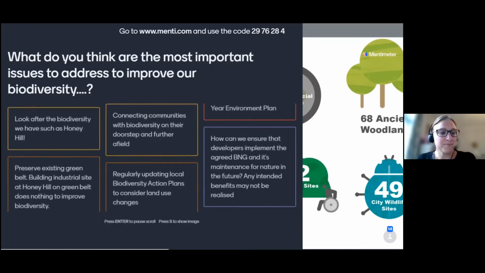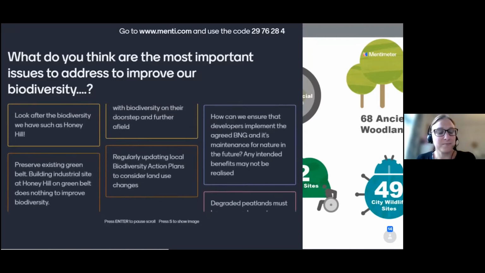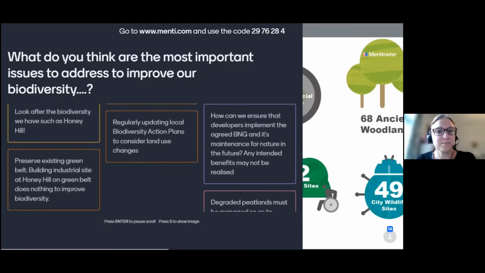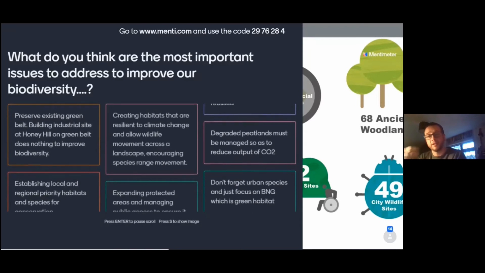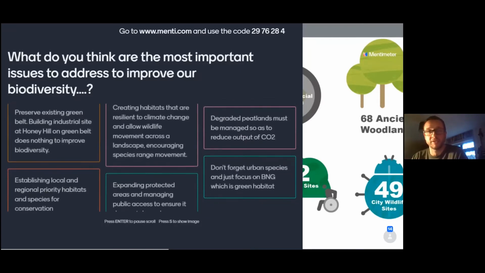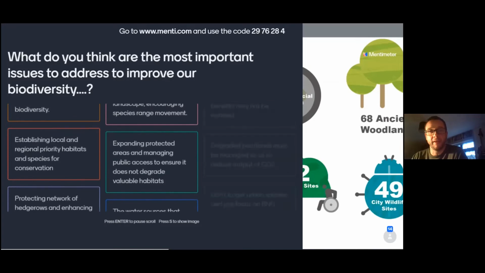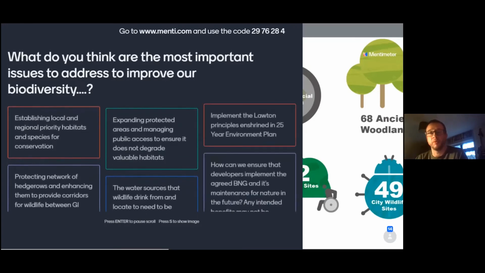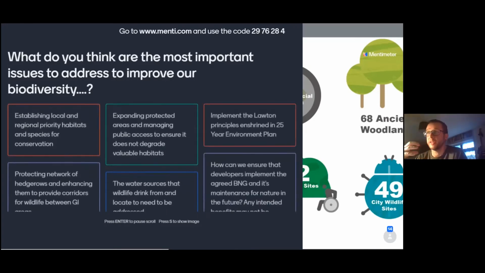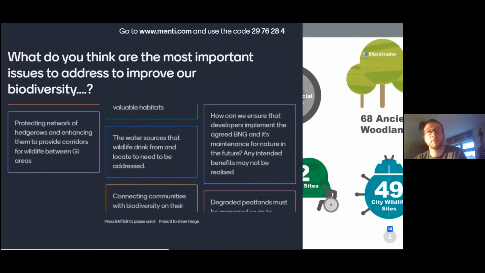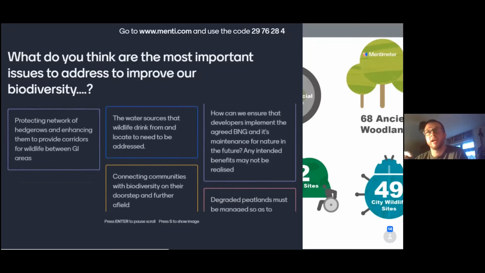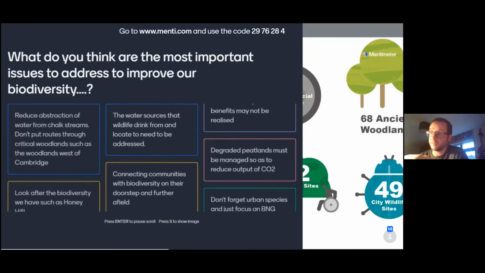The one that's really sticking in my mind is around urban species as well, because we're doing a session today on green infrastructure and biodiversity. Of course, biodiversity doesn't just exist in green spaces. We have proposed some small green belt release in the strategy, but there is always a lot of sensitivity around green belt.